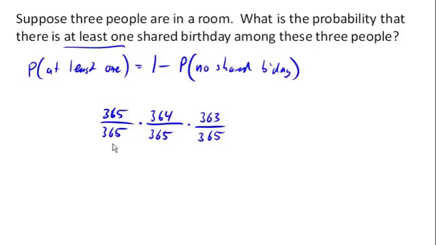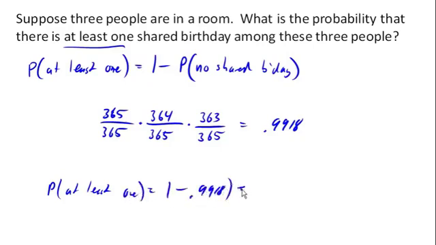You'll notice that this first fraction is actually equal to 1. So this turns out to be about 0.9918. Again, that's the probability of no shared birthday. So the probability of at least one shared birthday is 1 minus that, which is pretty small, about 0.8%.